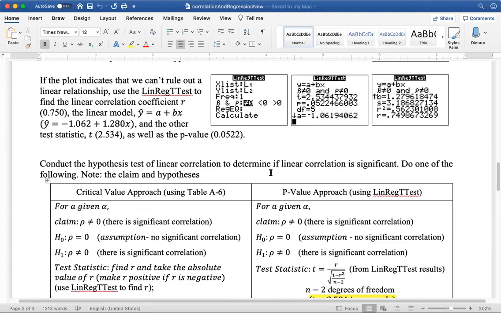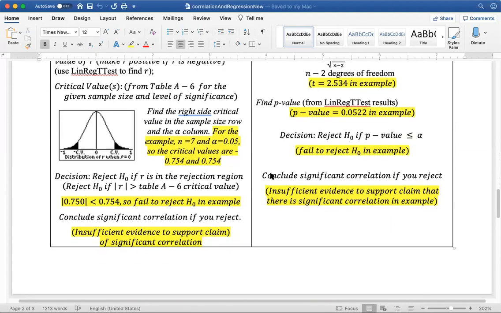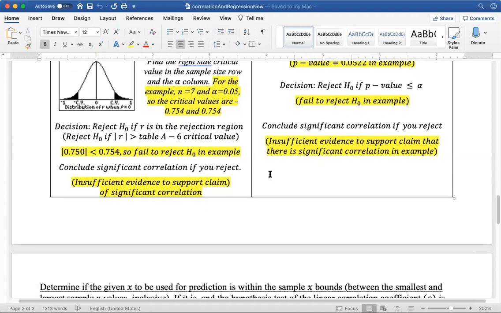But if we fail to reject H0, which means there is no significant linear correlation, we cannot use the model for prediction. Okay? If we fail to reject H0, we cannot use the model for predictions.